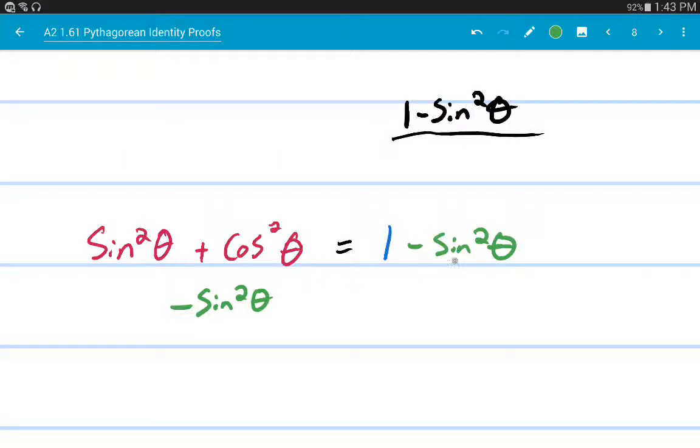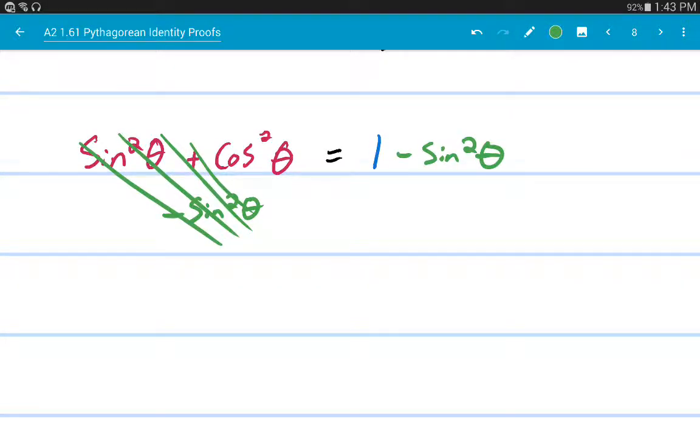I'm allowed to do anything as long as I'm doing it on both the left and the right of an equation. So these sine squareds, plus and minus, will cancel each other out. And just by a little rearranging with subtraction, I get a manipulation of the same rule that says cosine squared theta equals 1 minus sine squared theta.